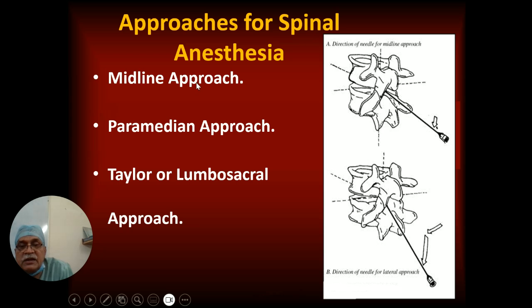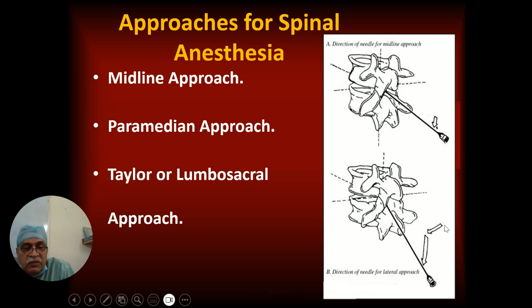Spinal can be given by midline approach or paramedian, 1 centimeter lateral to the midline, and you go in a medial direction. The inclination should be slightly more cephalad. The Taylor or lumbosacral approach is very useful in patients whose ligaments are calcified.